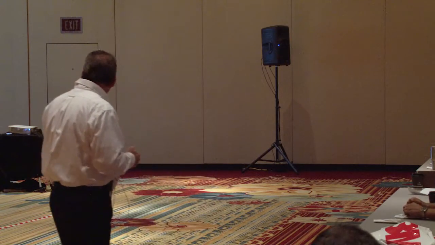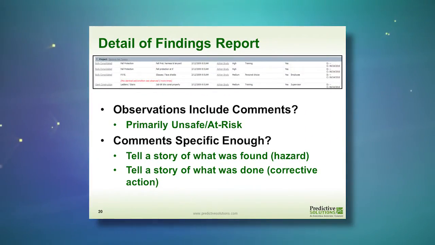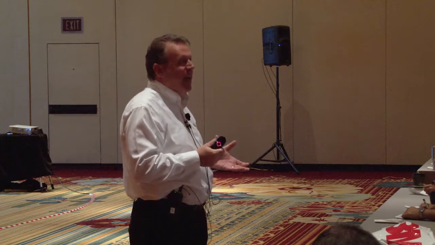Now, did your observations include comments? We talked about this. Without the comments, you're going to get a huge count of unsafes in a particular category, and we have to put a corrective action in place. Part of that is understanding the nature of the hazard. Just because it was unsafe, I don't know how it was unsafe.